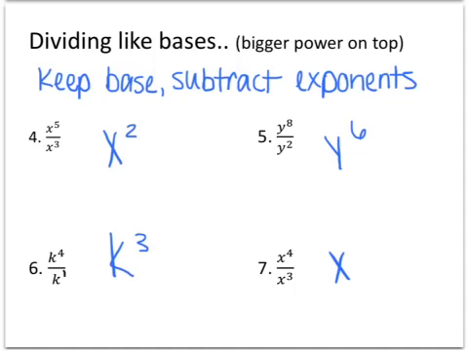So we had all of our bigger powers on top. If I wanted to make any of these a fraction, so if I wanted to make x to the 6th a fraction, I can always put a number over what and it doesn't change its value. Over 1, right? If I really wanted to, I could put this over 1. Doesn't change its value. Now, you don't need to, but I'm just pointing that out to you for our next slide.